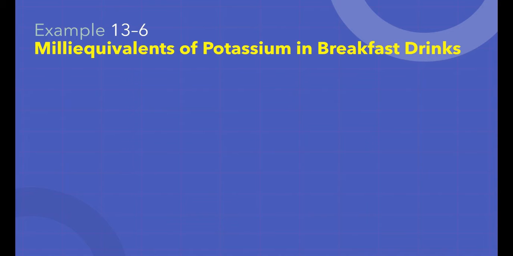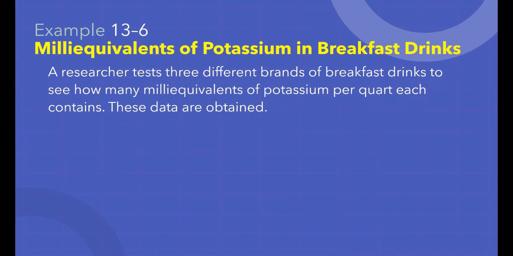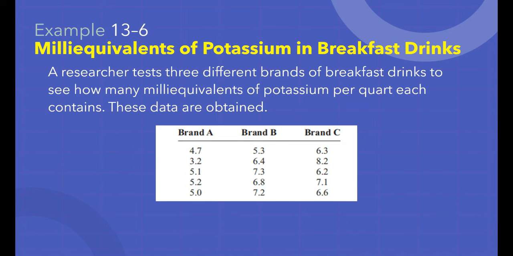Example 13-6, milliequivalents of potassium in breakfast drinks. A researcher tests 3 different brands of breakfast drinks to see how many milliequivalents of potassium per quart each contains. These data are obtained. In brand A, we have 4.7, 3.2, 5.1, 5.2, and 5.0.